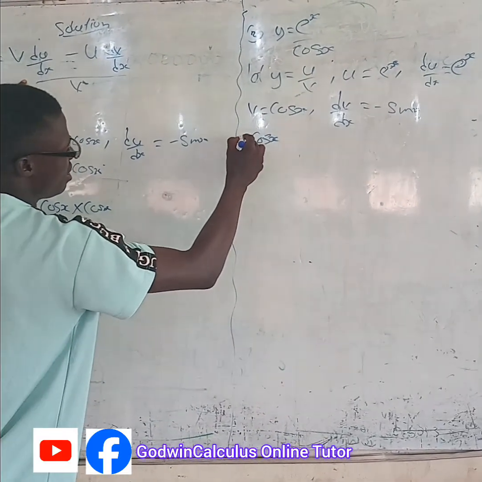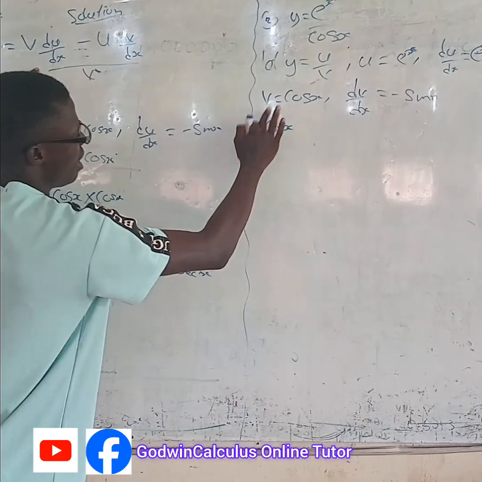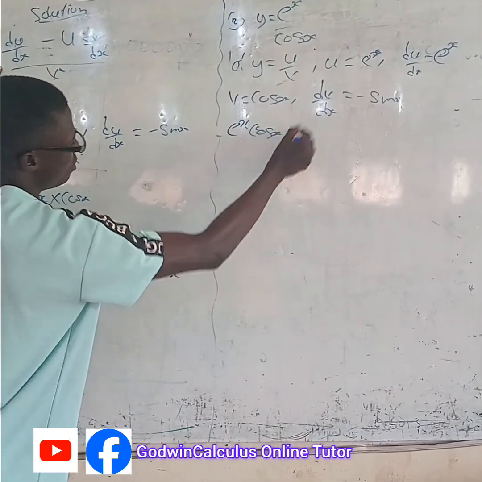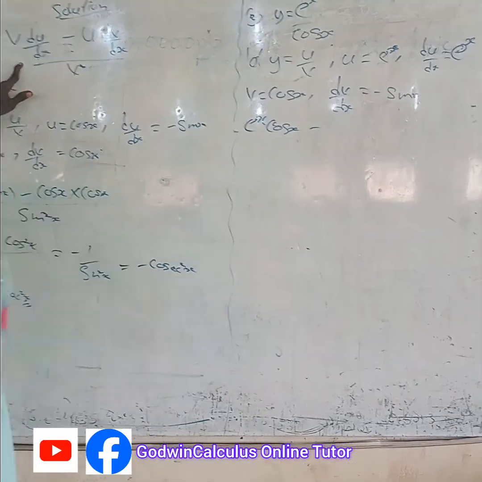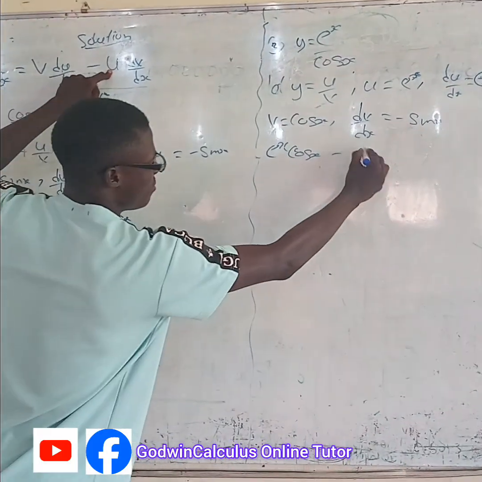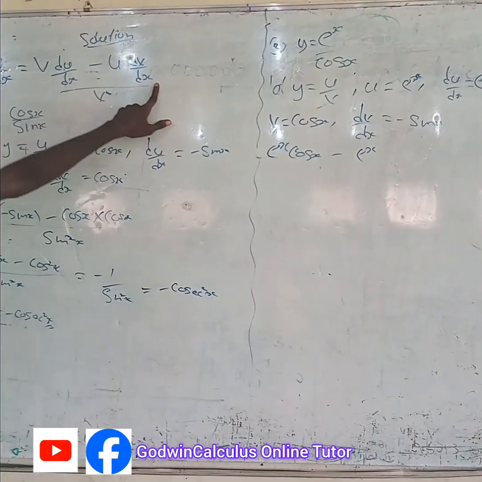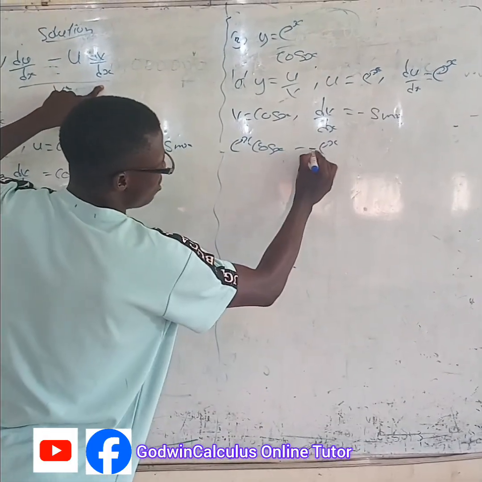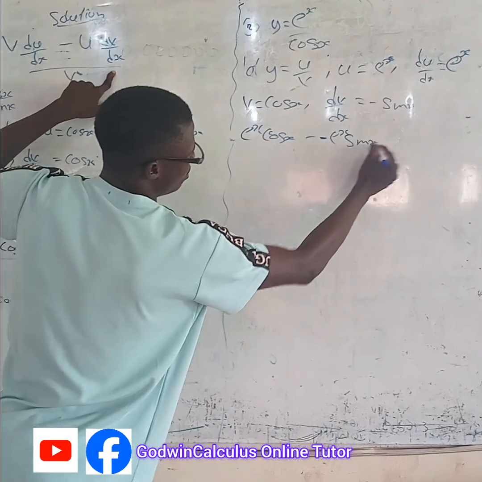So write it here: e^x cos x minus our u, which is e^x, times our dv/dx, which is minus sin x.